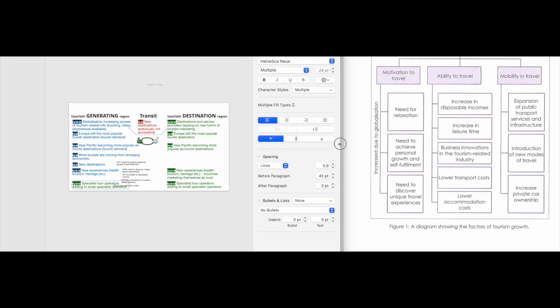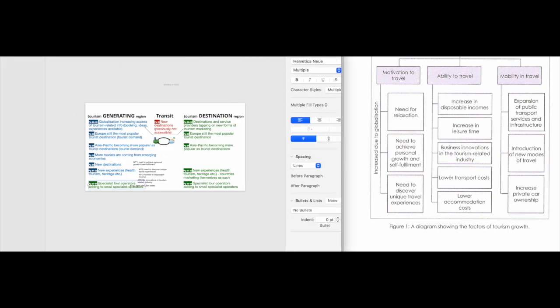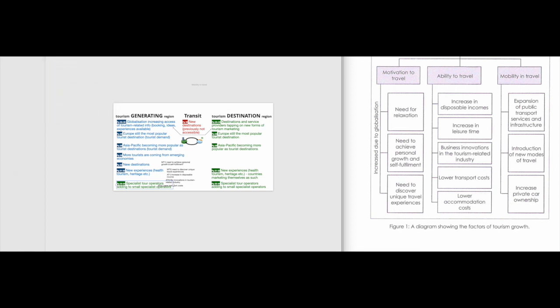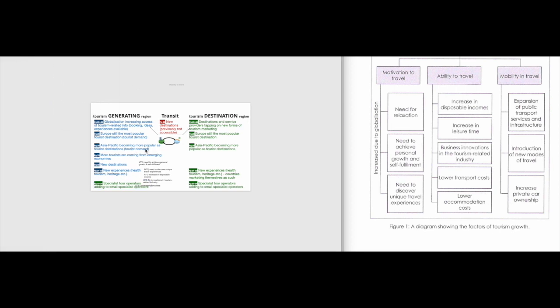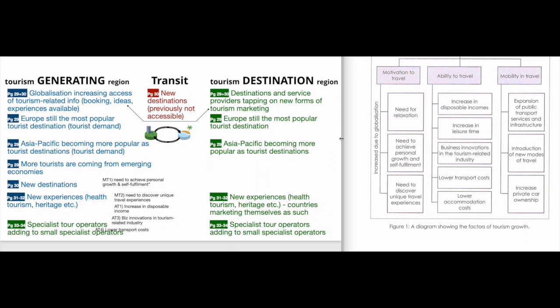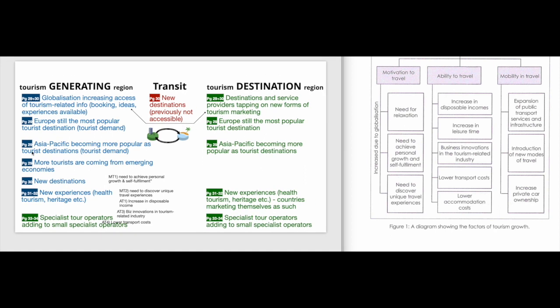So need for relaxation resulted in global growth in tourism, but not these trends that we have mentioned here.